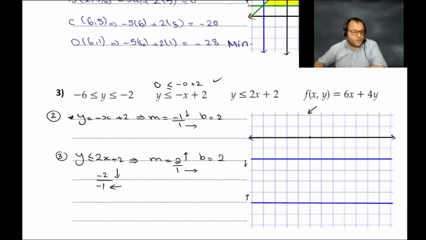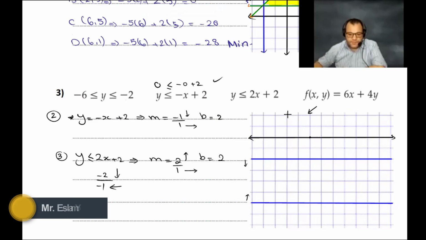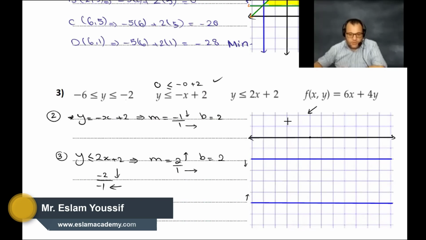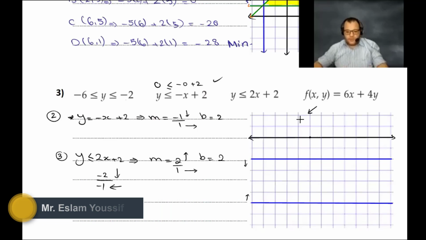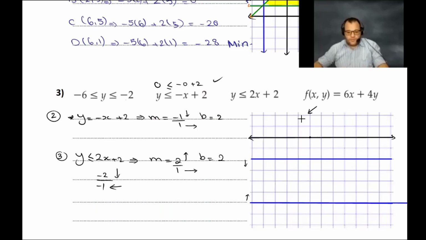Just one minute. So I will shift only this one 2 units to the left.